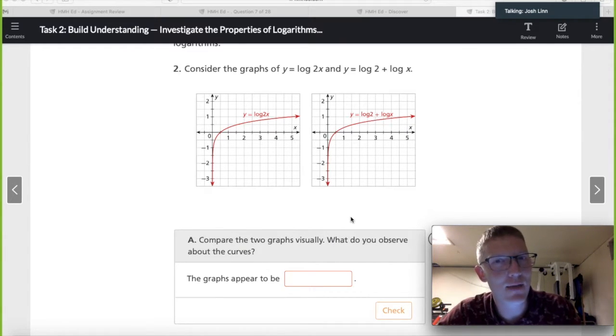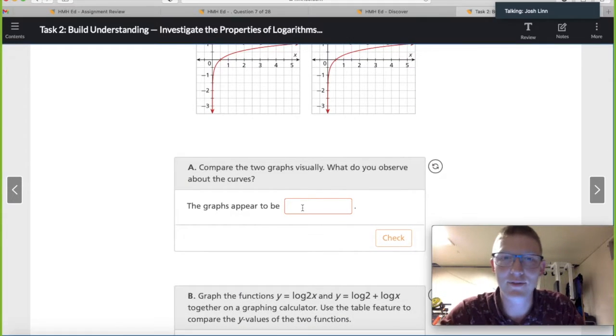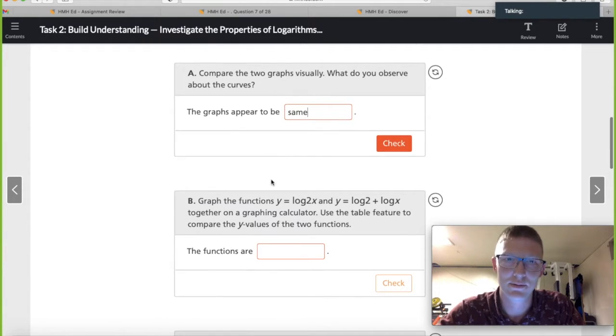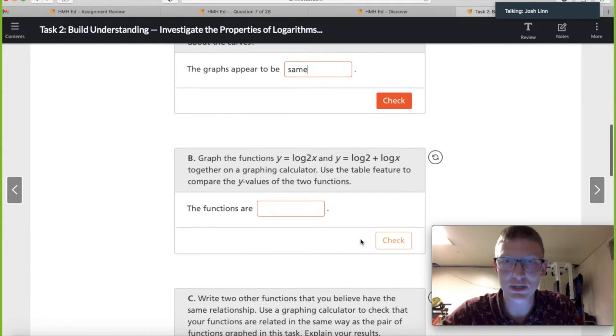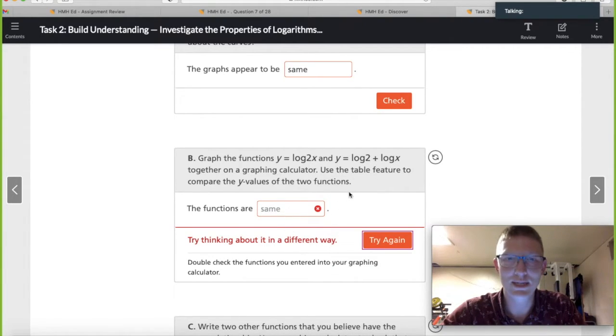They might even be the same here. The graphs appear to be the same. Graph the function together on a graphing calculator. Use the table feature to compare the y values of the two functions. I'll let you do that right now. The functions are still the same. What?